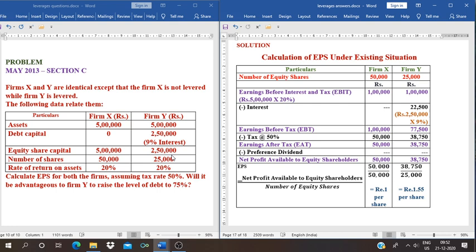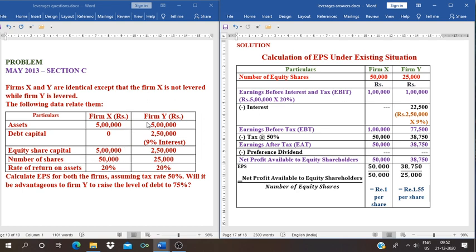5 lakh. In the first line itself they have given that firms X and Y are identical, meaning the total assets of the firms are the same. Assets are 5 lakhs and total capital is also 5 lakhs. But in firm X they have issued only equity share capital, that is 5 lakhs.